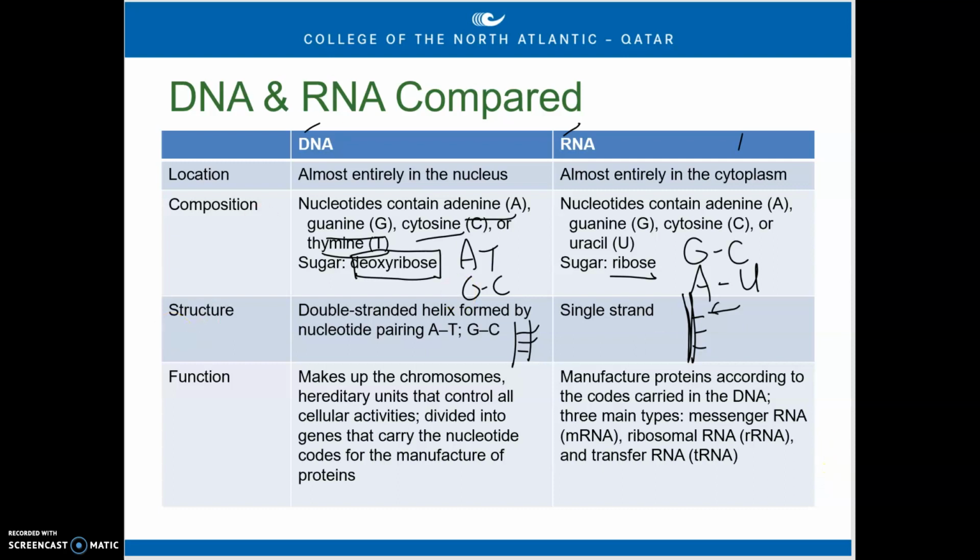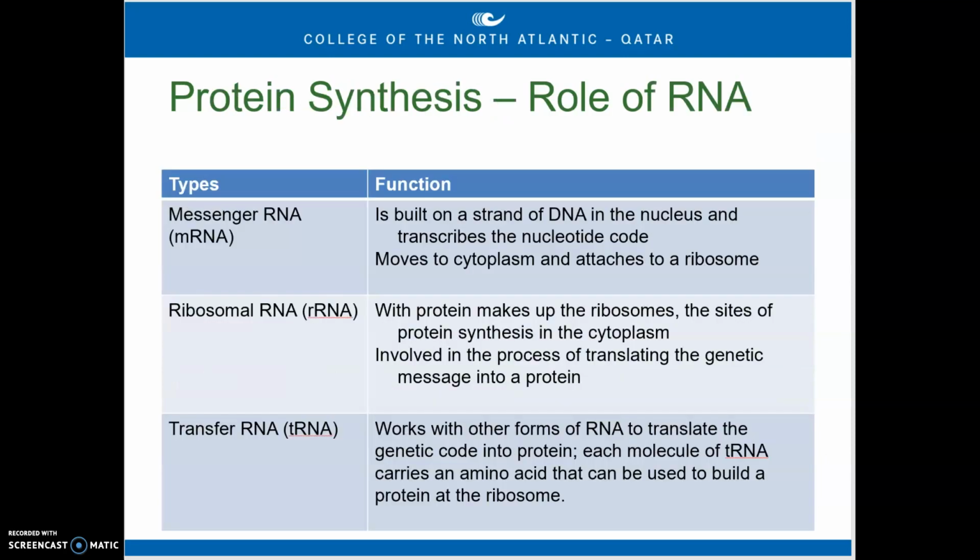So let's have a look at those different versions of RNA. Usually, when we're talking about RNA, we just put the small letter in front of it. So messenger RNA becomes mRNA, ribosomal RNA becomes rRNA, and transfer RNA becomes tRNA. Let's start first with messenger RNA. Messenger RNA is actually put together on a strand of DNA.